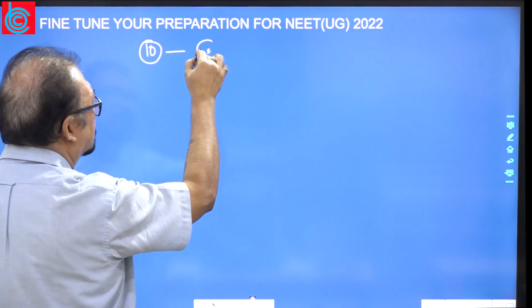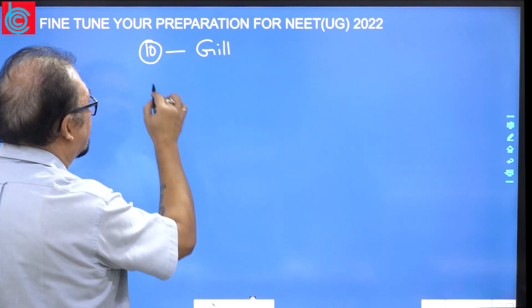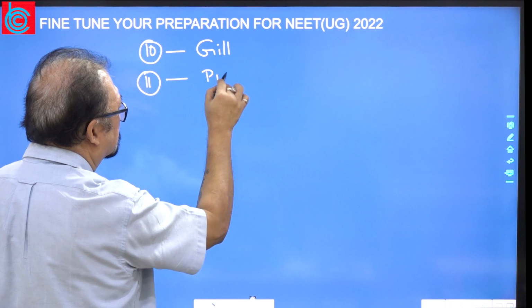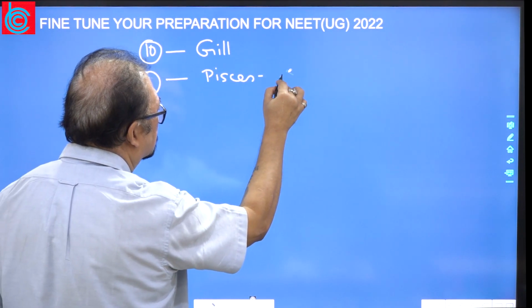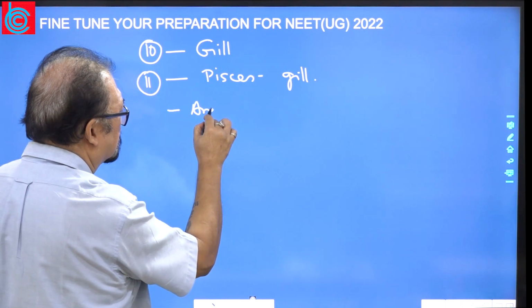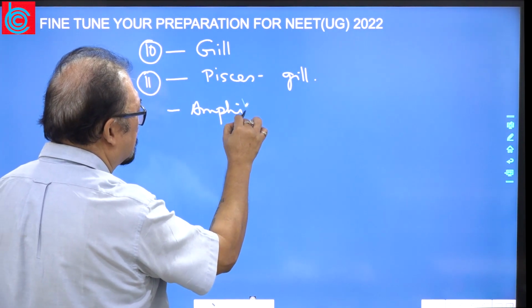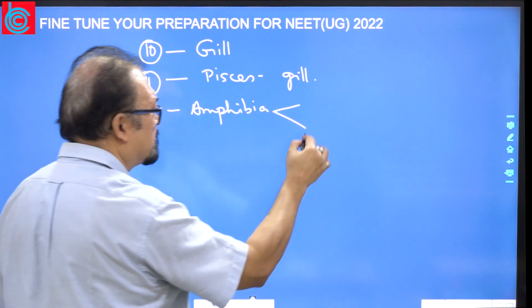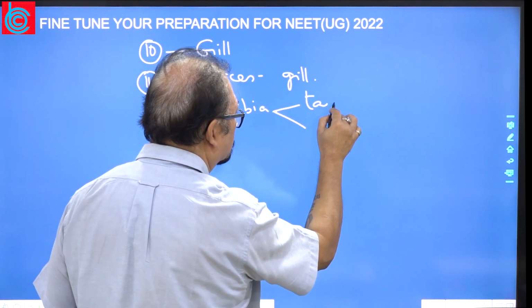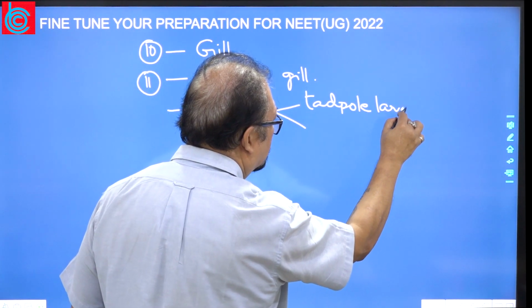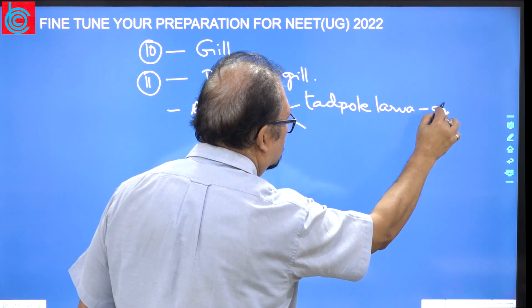Hemichordata: gill. And in Chordata, Pisces: gill. Pisces is the fish. Amphibia: two conditions are there. Tadpole larva: gill.